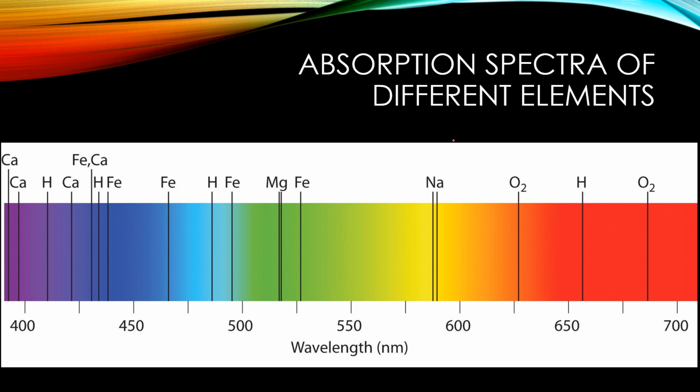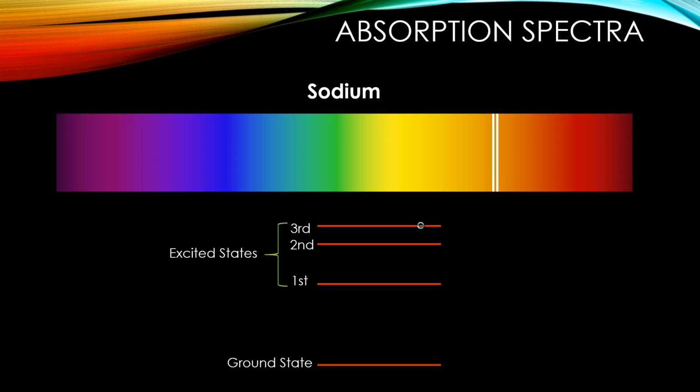Here we have the absorption spectra of different elements, and we can actually use this information to analyze whether a particular element is present as for atomic absorption spectroscopy, which we'll get onto in another video. So for sodium, it absorbs light in the orange part of the visible spectrum. Now, it absorbs light here and here.